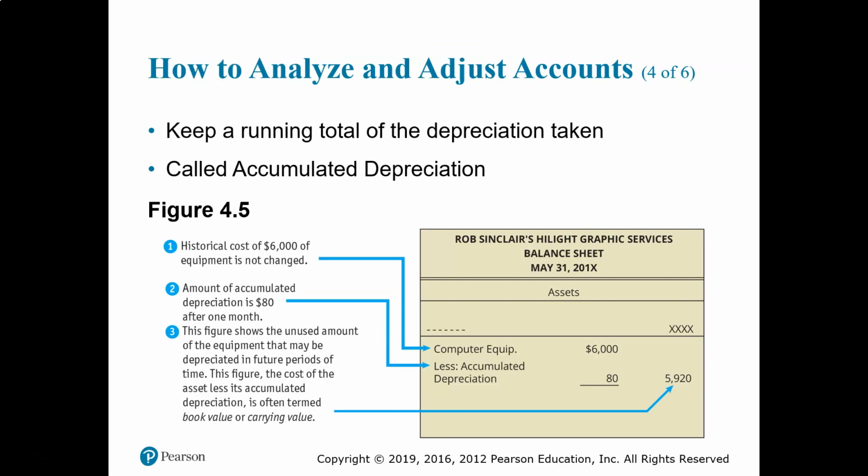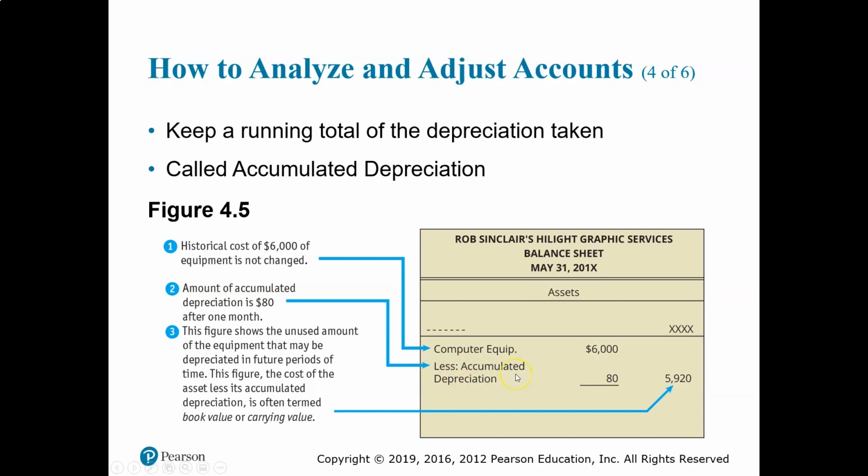Okay, so keep a running total of depreciation taken, called accumulated depreciation. So on the balance sheet, we have our fixed assets. We have our computer equipment, $6,000. So that was the original cost, the historical cost of what we bought that equipment for. So we leave that on the balance sheet, and then we use this account, which is a contra asset account, accumulated depreciation.